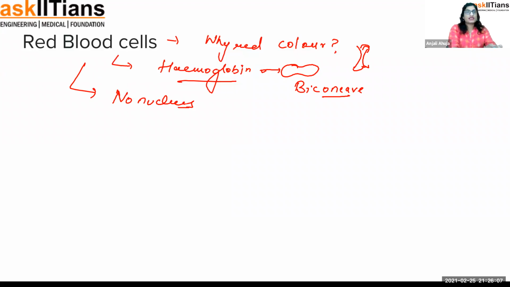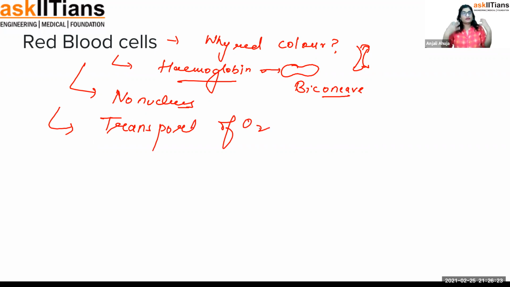If a question is asked why red blood cells have no nucleus, the answer is that then they can carry maximum hemoglobin. Red blood cells mainly help in the transport of oxygen. In our body, we have billions and billions of cells.